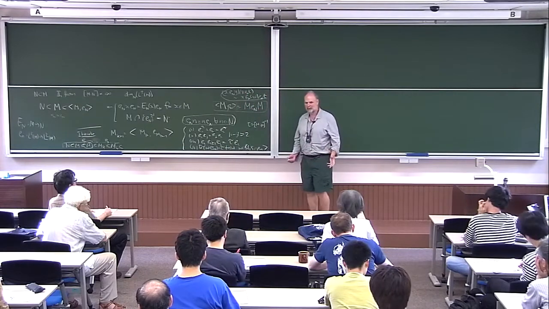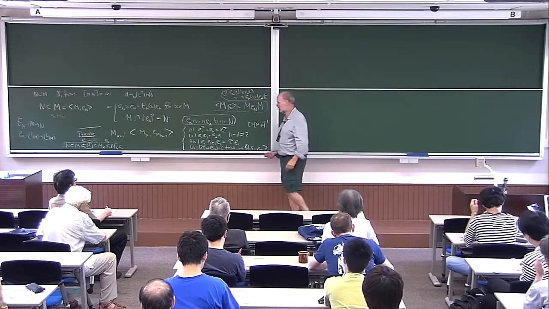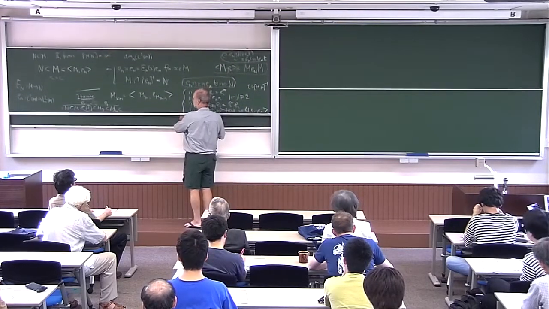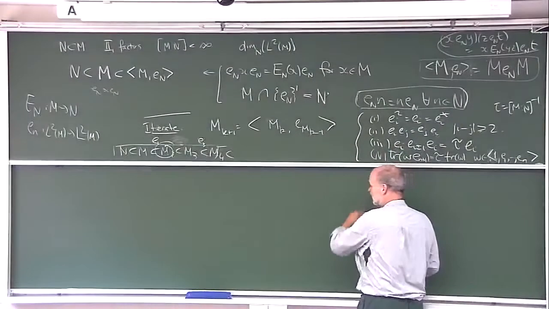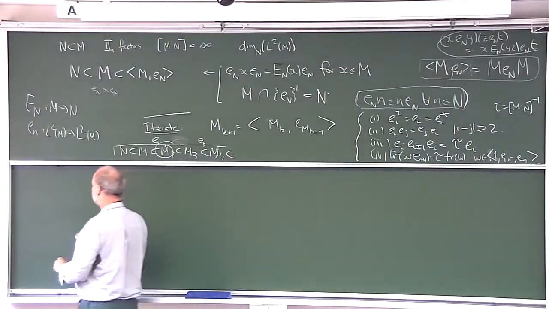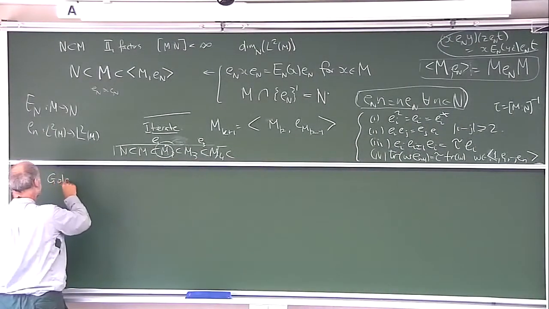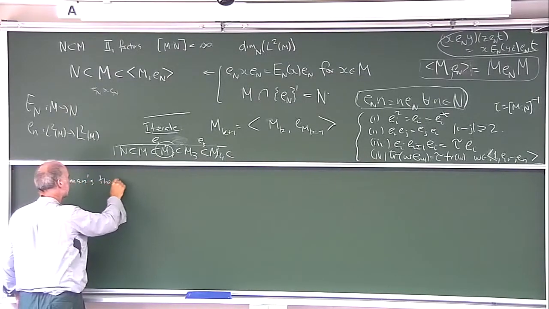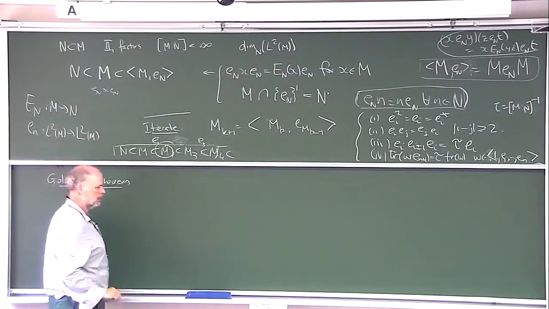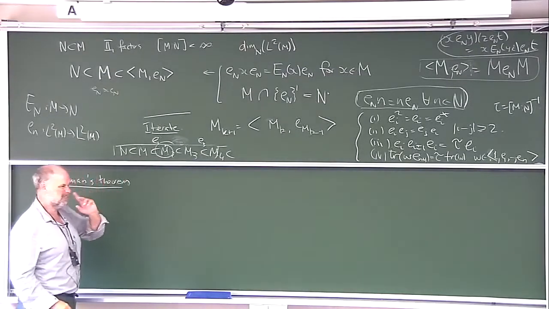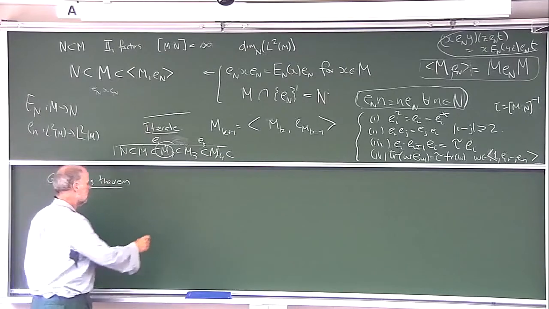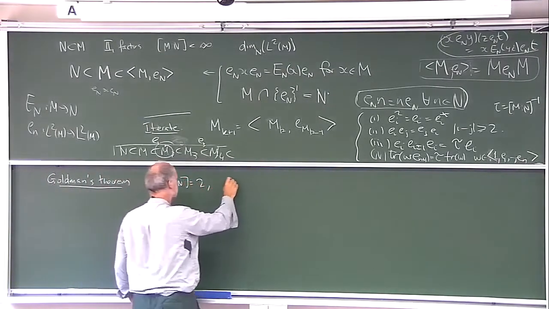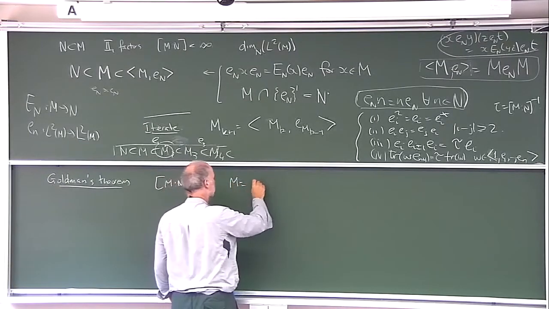So the first one I want to do is prove for you a theorem called Goldman, which existed, I guess, in the early 1960s. I'm going to give a proof of this coming from this philosophy, and it says that if the index of m and n is 2, then m is the fixed points.